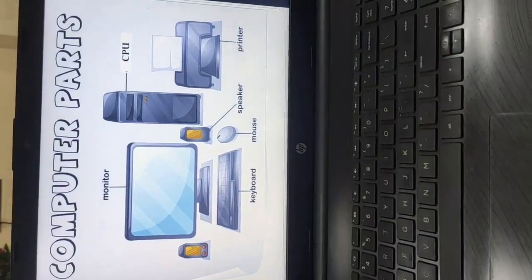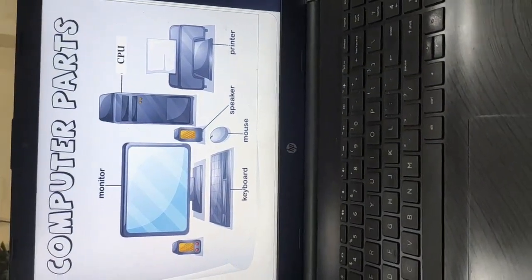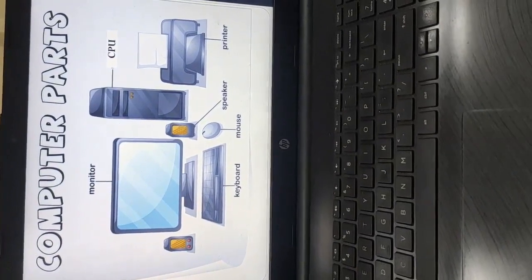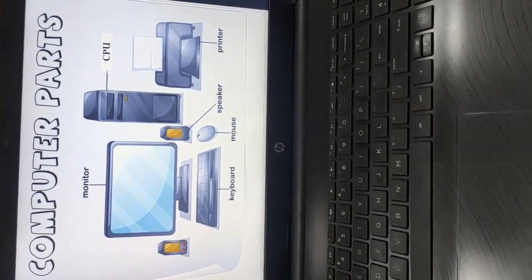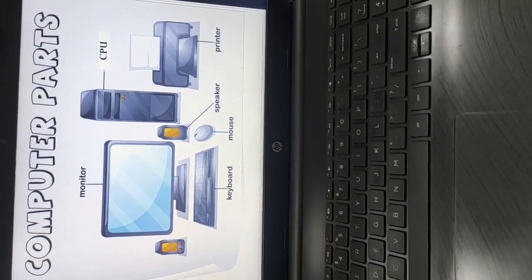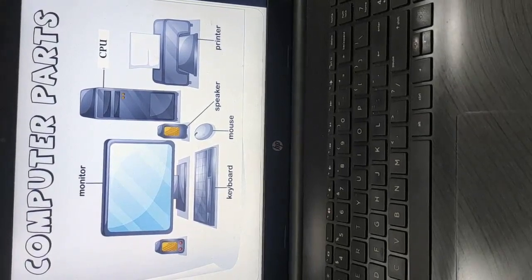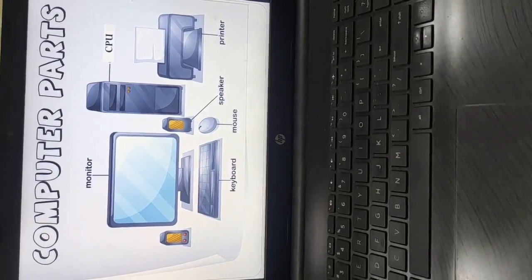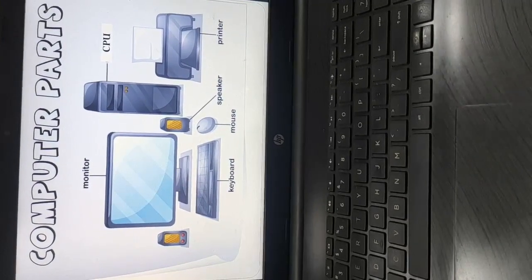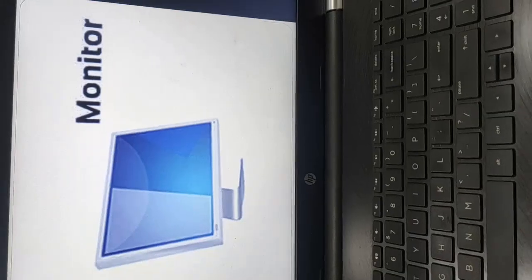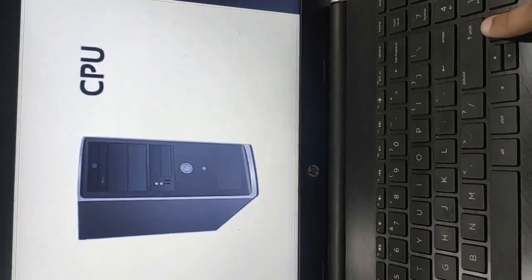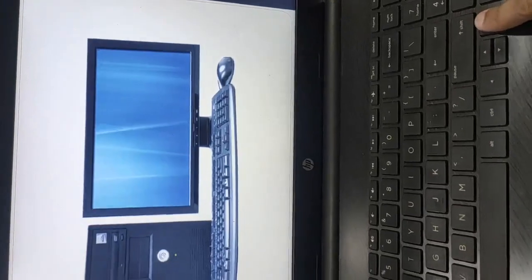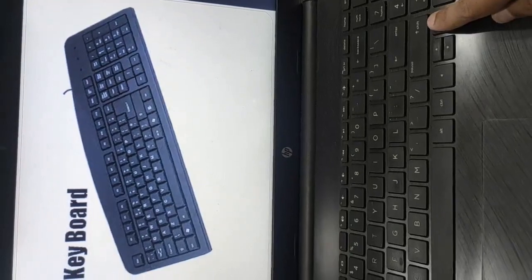So all these parts make the computer function well. These are known as computer parts. So our topic is parts of a computer. We are going to learn each and every part of a computer. A computer has different parts like monitor, CPU, keyboard.